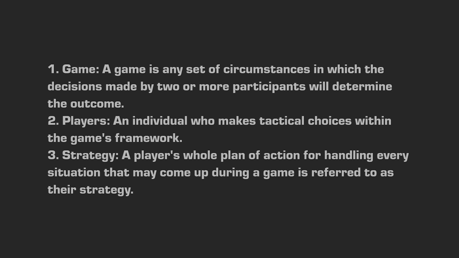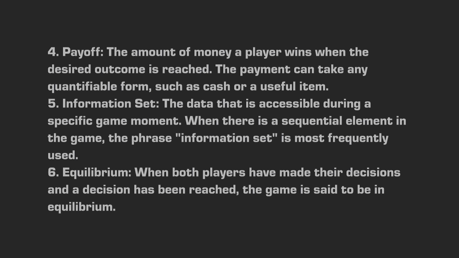A player's whole plan of action for handling every situation that may come up during a game is referred to as their strategy. The word payoff means the amount of money a player wins when the desired outcome is reached. The payment can take any quantifiable form, such as cash or a useful item.